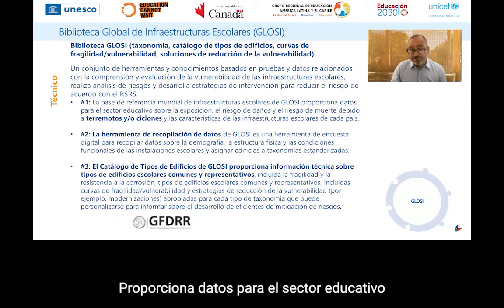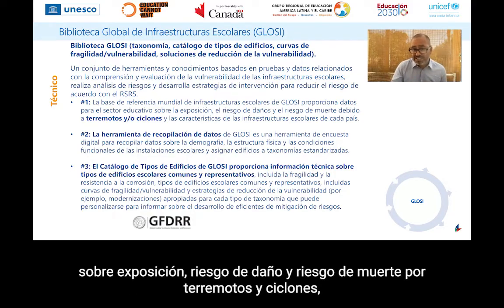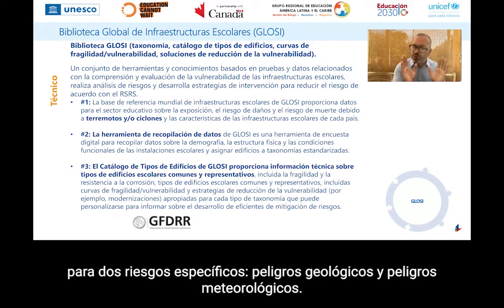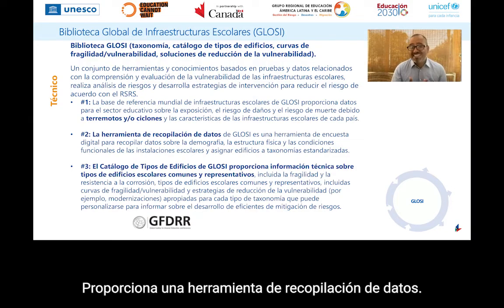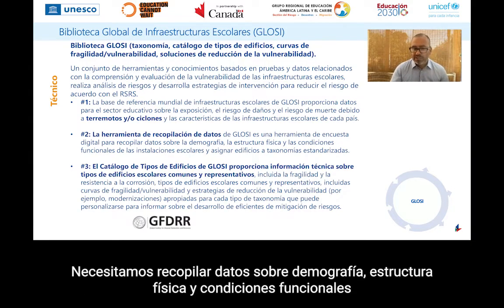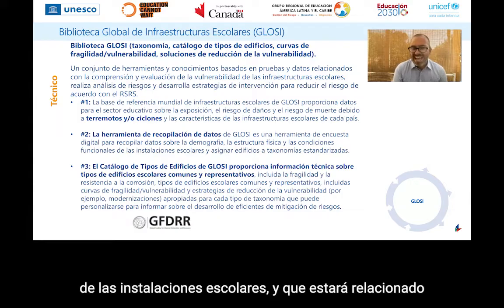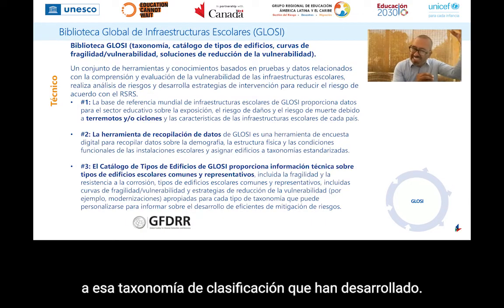It provides data for the education sector on exposure, risk of damage, and risk of death due to earthquakes and cyclones. So it's very particular to two specific hazards, geological hazards and hydrometeorological hazards. It provides data collection tools to collect data on demographics, physical structure, and functional conditions of school facilities, and that will be related to that taxonomy of classification that they have developed.